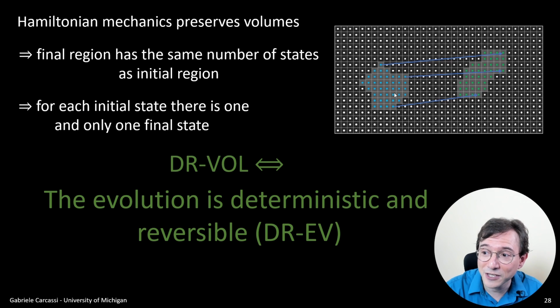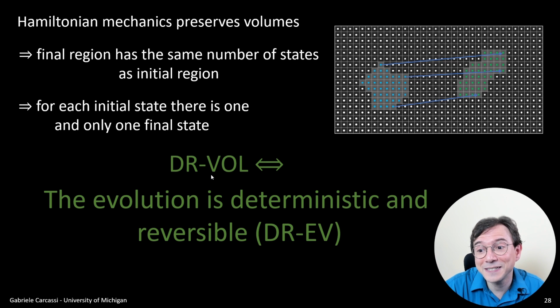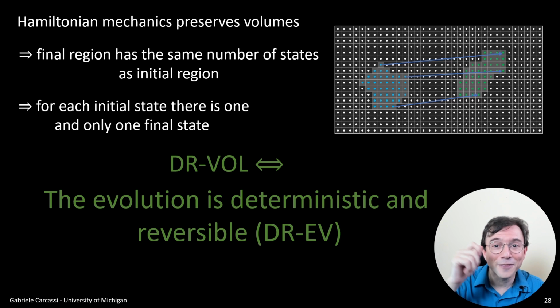We are putting the initial and the final state in a one-to-one correspondence in the count. Therefore, the preservation of volume is physically equivalent to an evolution that is deterministic and reversible, in the sense that states are mapped one-to-one. For each initial state, there is one and only one final state.